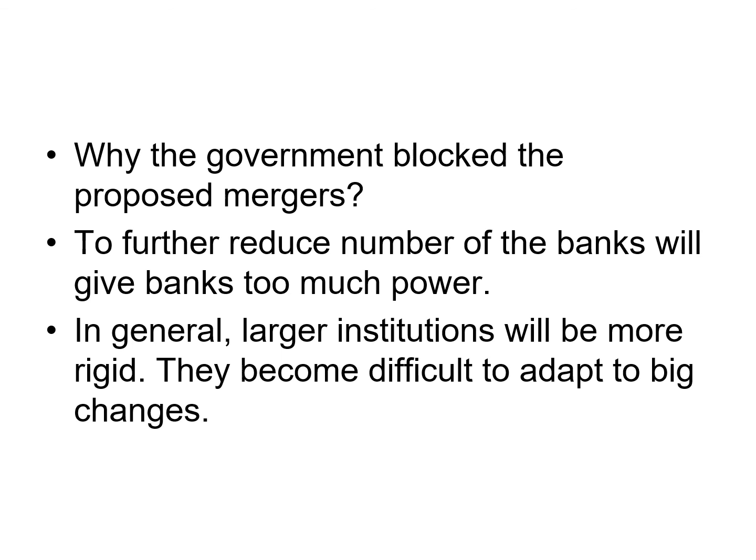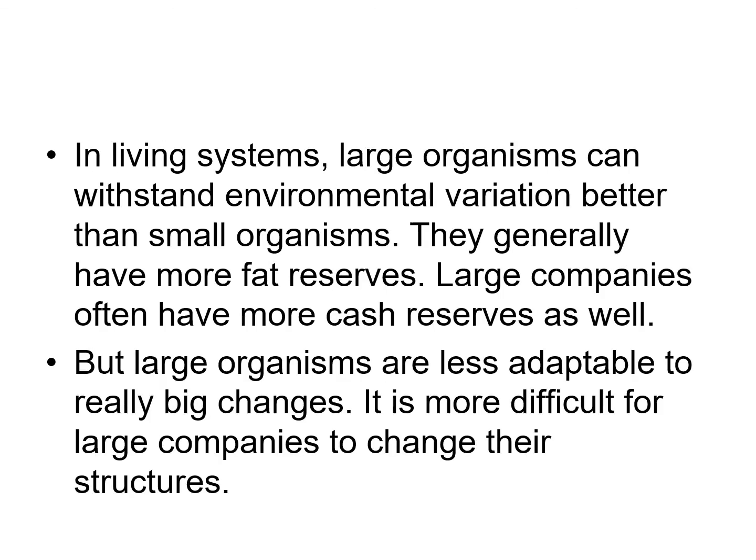Why did the government block the proposed mergers? Further reducing the number of banks would give banks too much power. In general, larger institutions will be more rigid. They become difficult to adapt to big change. In living systems, large organisms can withstand environmental variation better than small organisms.